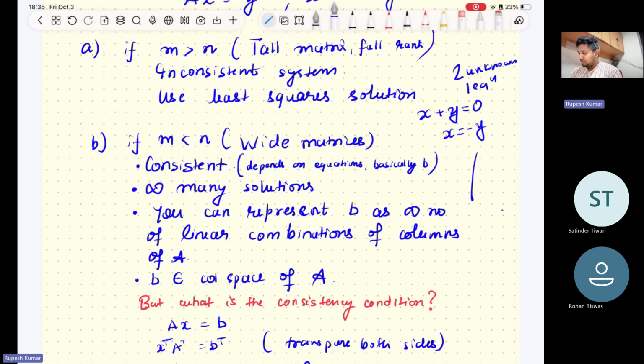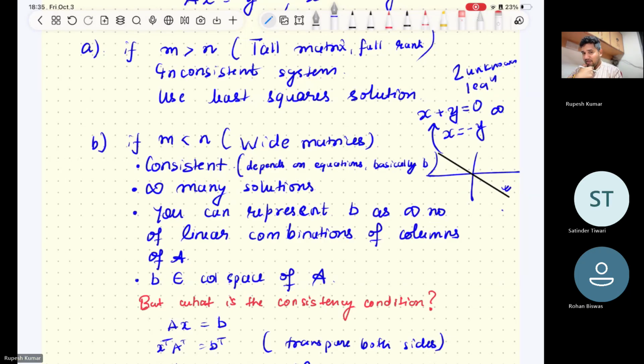Now, if you look at this geometrically, you will see this line that goes through the origin. All the points lying on this line are a solution to this system of equations. The entire line is a solution, so you get an infinite number of solutions.